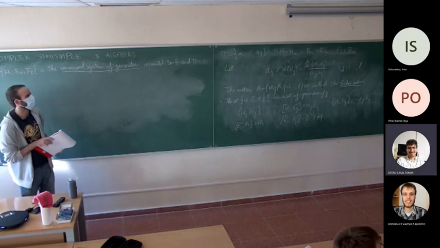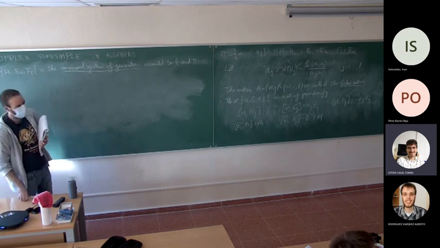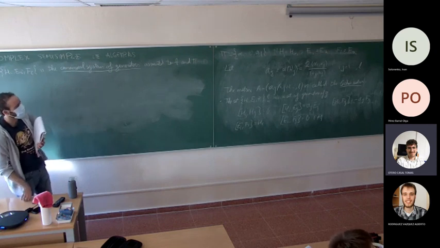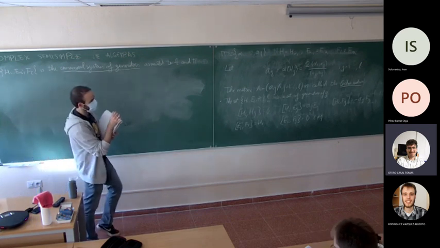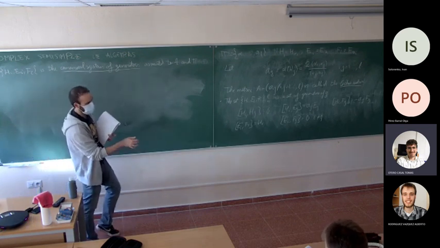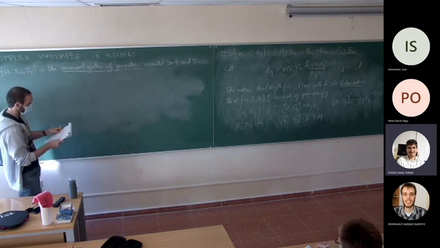Okay, so we define this Cartan matrix for a complex semisimple Lie algebra, and this turns out to be some sort of invariant in the sense that if two Cartan matrices are the same, they determine the same semisimple Lie algebra.